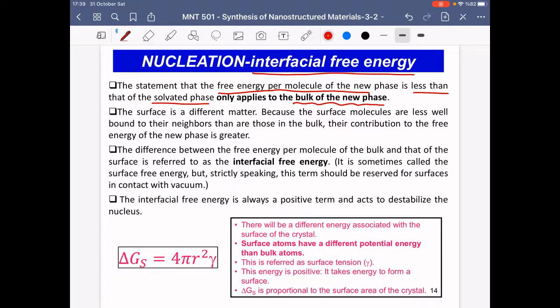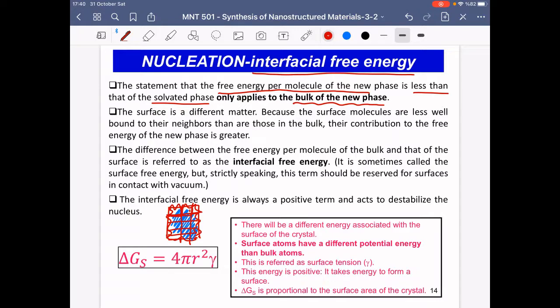Okay, when we are talking about bulk, if this is my nanoparticle, this is my surface, and this whole thing is the bulk. But as you know, once you start dividing your system into a lot of little nanoparticles, you increase the amount of surface area and decrease the volume.